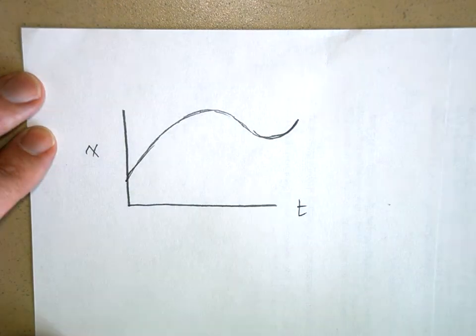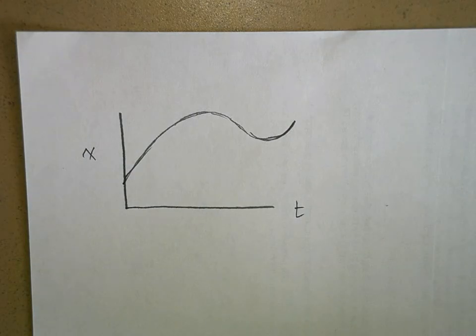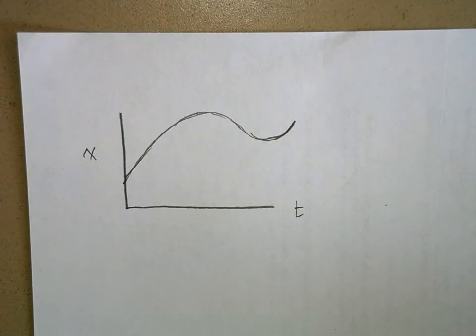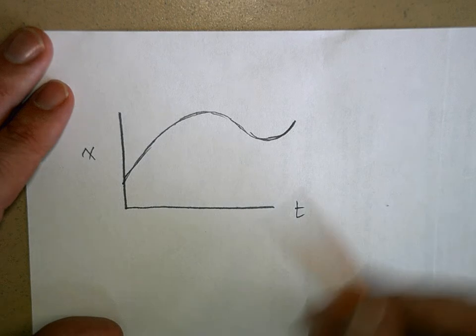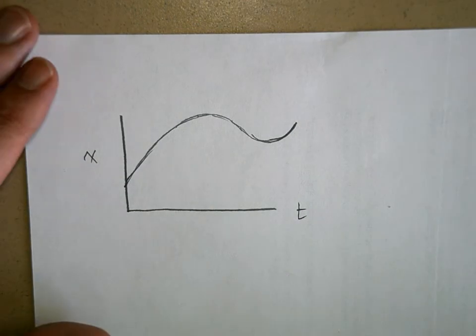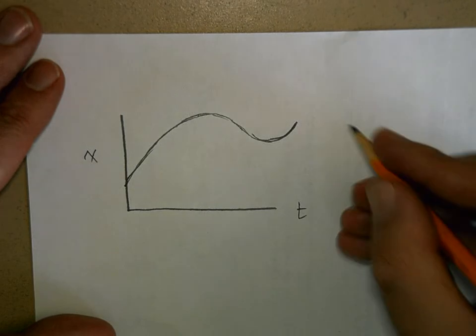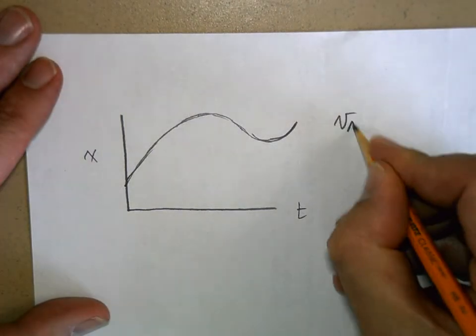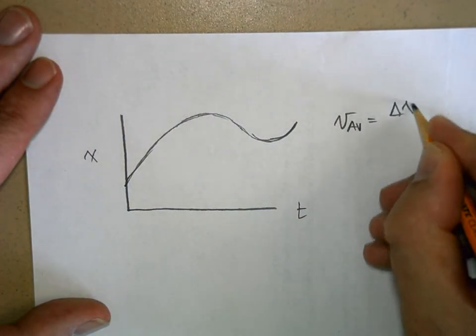Now, if I want to know what my average velocity is for the whole time, and by the way, this is going to get a little bit messy, so sorry, maybe I'll redraw it a couple times. But my average velocity is delta x over delta t.